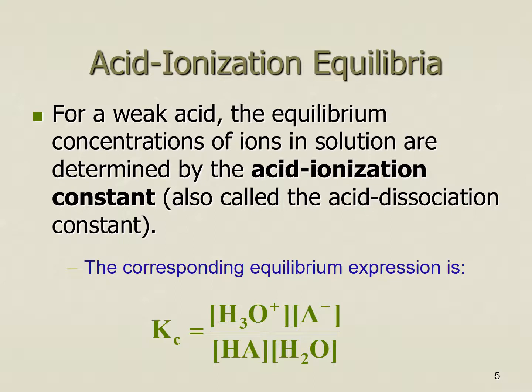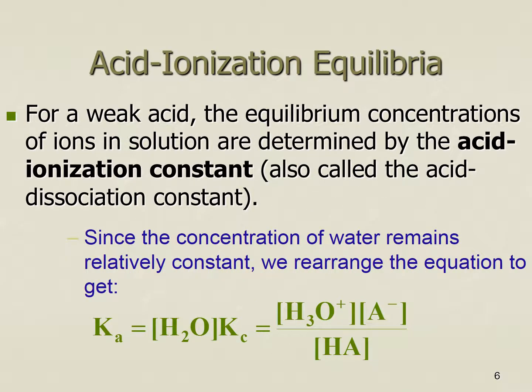So if we move it over to the left-hand side of the equation, we get rid of the H2O, and since the H2O is a constant and the Kc is a constant, we get a new constant which we're calling Ka. Ka stands for the acid ionization constant or the acid dissociation constant. So Ka equals H3O plus times A minus over HA.